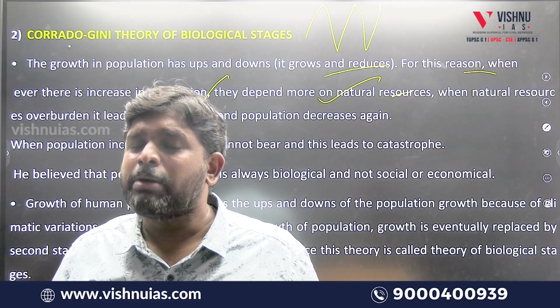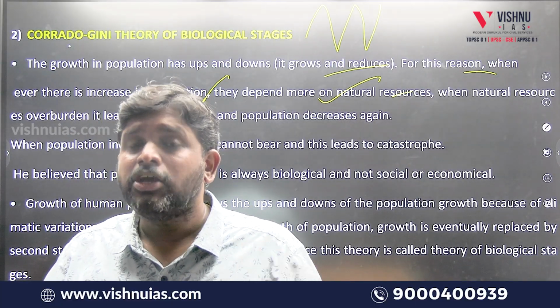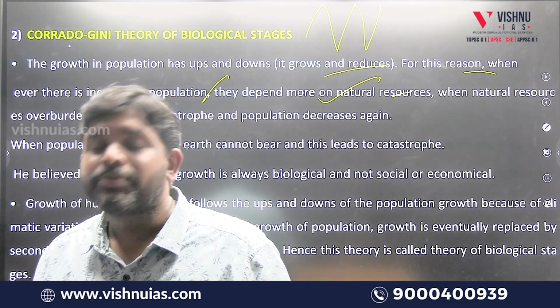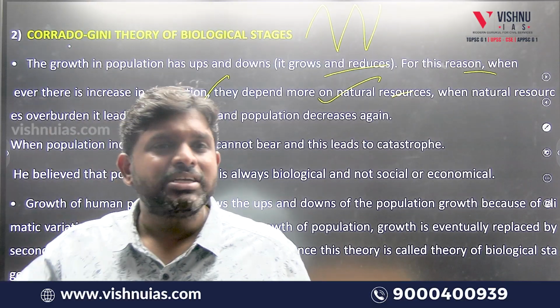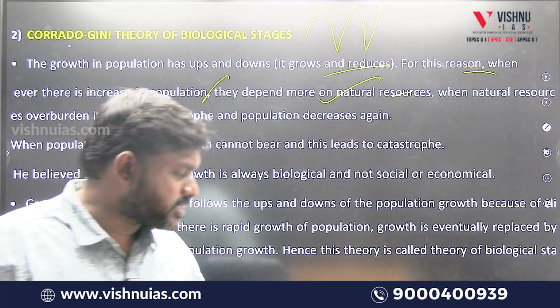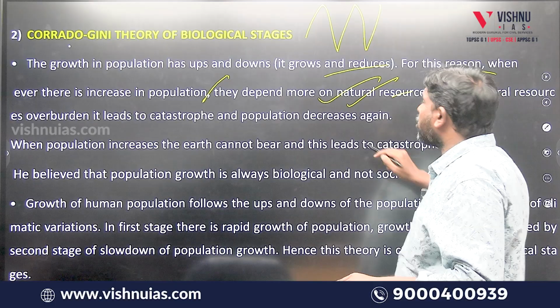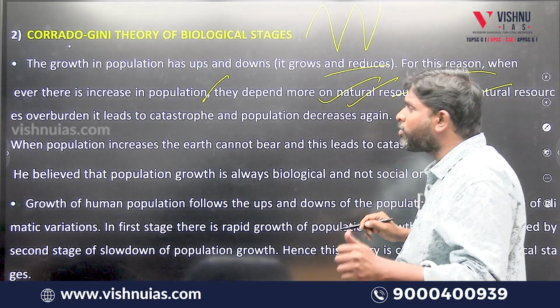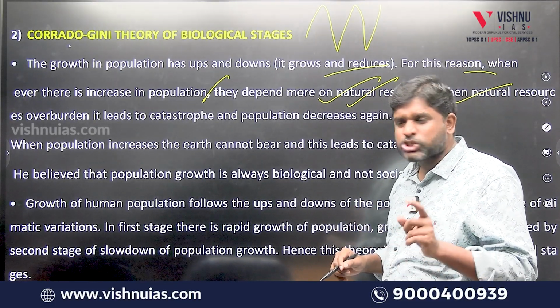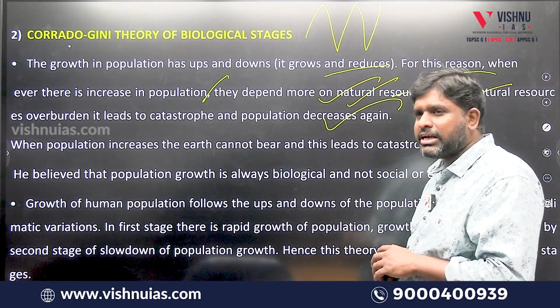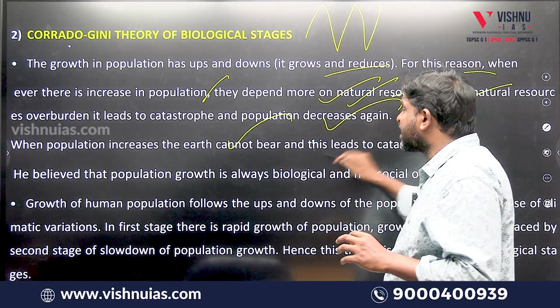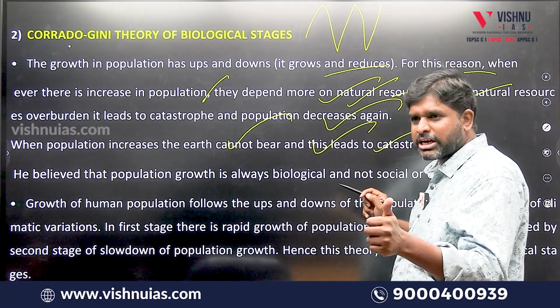And again the residual population will struggle, will fight to increase the population. Hence the biological stages: increases, decreases, increases, decreases. They depend more on natural resources. When natural resources are overburdened, it leads to catastrophe and population decreases. When population increases, the earth cannot bear it and this leads to catastrophe.